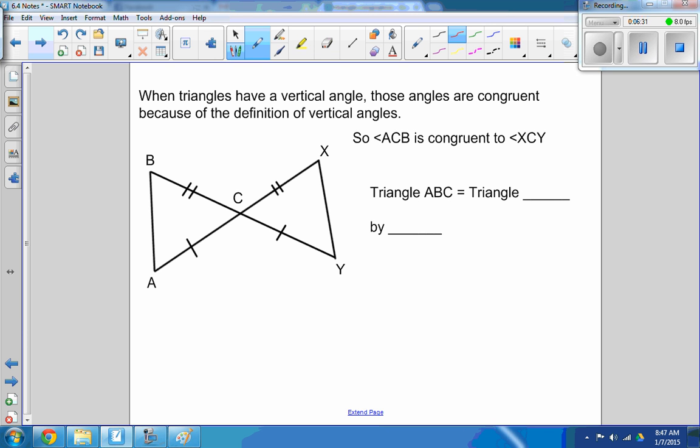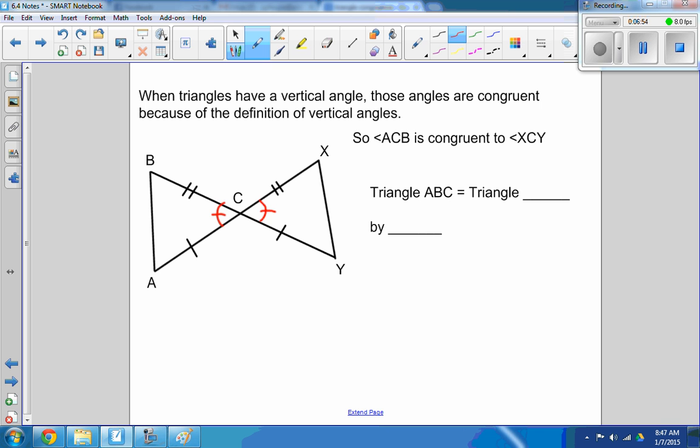We also can have scenarios where you've got some vertical angles. So on this diagram, we've got two triangles, but I've only got two sides on both those triangles. So we don't have enough information, it appears. But we actually do have enough information because we know vertical angles are congruent. So I can mark it.